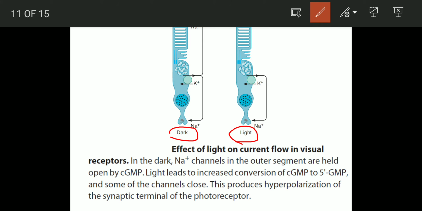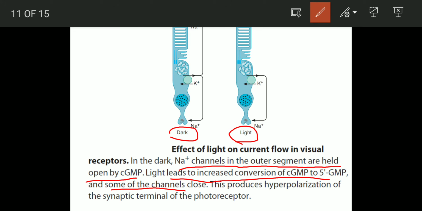In the dark state, the sodium channels in the outer segment are held open by cyclic GMP, and light leads to increased conversion of cyclic GMP to 5-GMP, and this leads to closure of some of the channels.